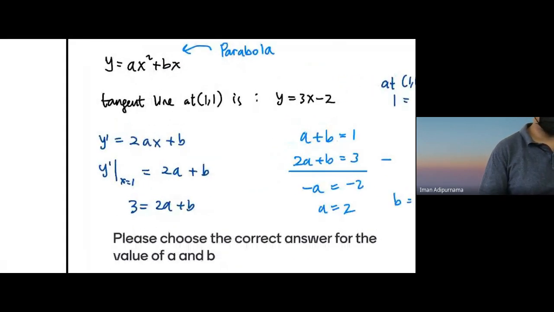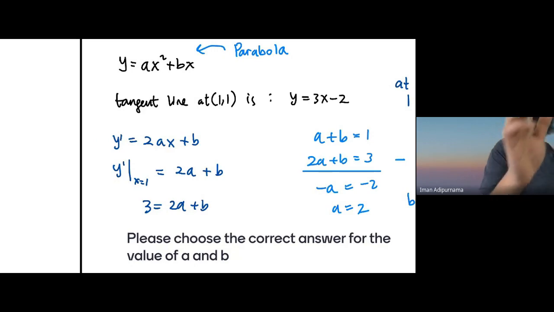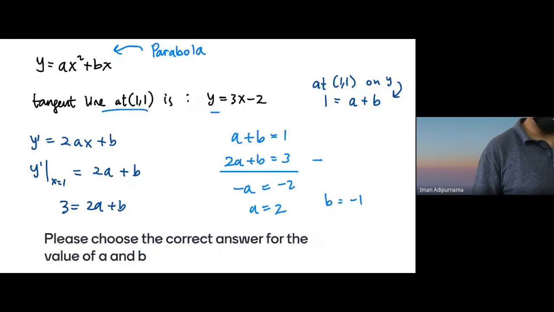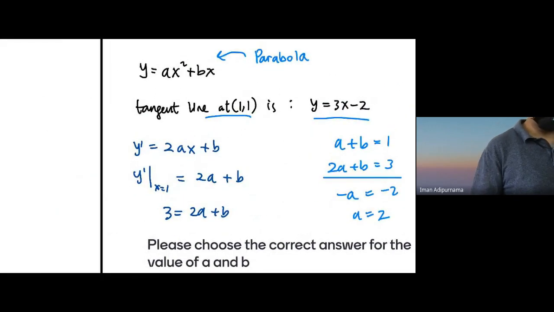You have the parabola ax squared plus bx, and it is mentioned that the tangent line at (1, 1) is the equation y equals 3x minus 2. It's asking about the a and b values, right?